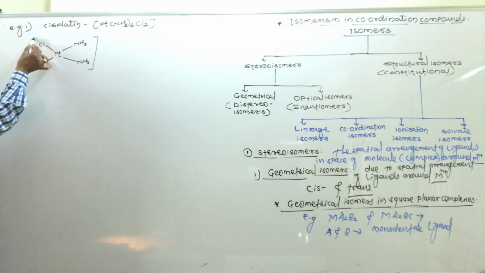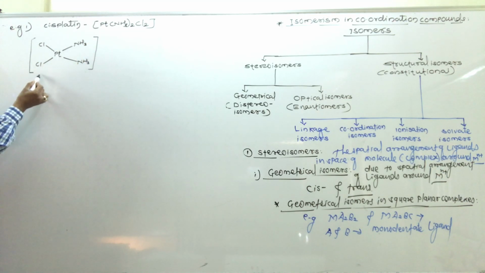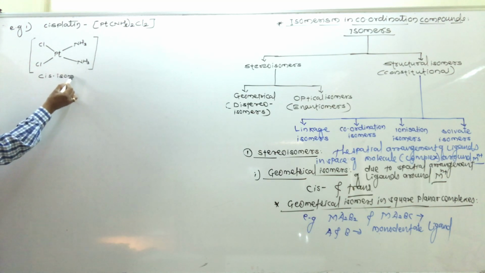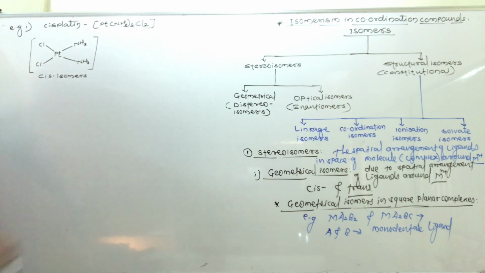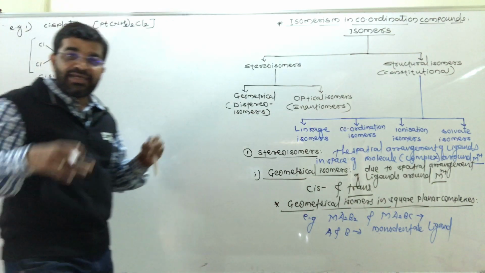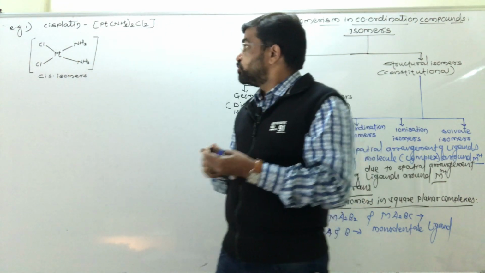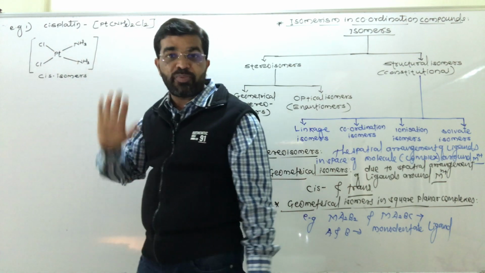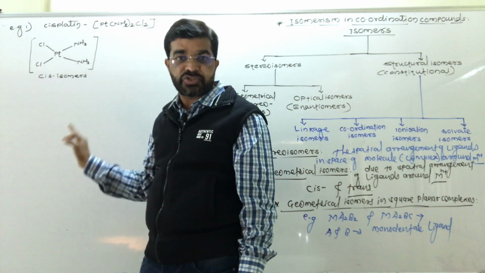This is the coordination compound, and this isomer is cis isomer, so called as cisplatin. It is cis isomer क्योंकि इस आइसोमर में दो क्लोरीन एटम सेम साइड को है और दो अमोनिया मॉलिक्यूल भी सेम साइड को है. Therefore it is cis isomer.